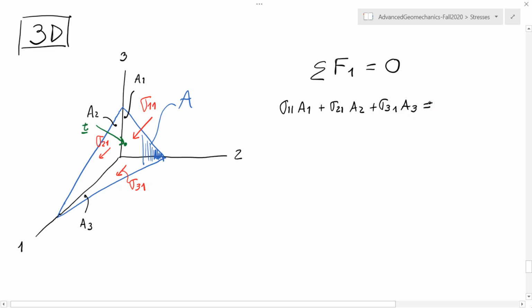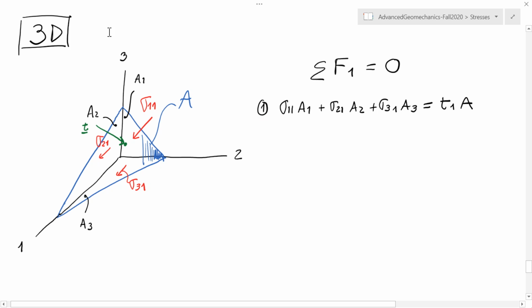All of that is going to be equal to the component of T in direction 1 times the area A, the area facing us in this element. All right, so this is going to be our equation number 1. We're going to come back to this equation in a bit.